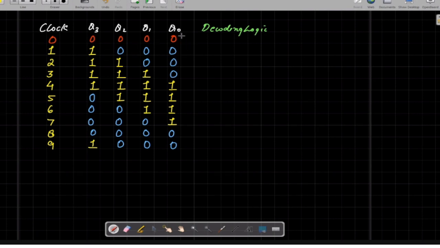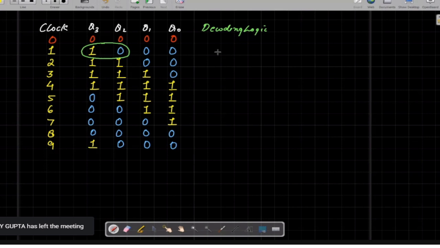For example, in the first clock, you have to take the pair of two flip-flop outputs together to make a decoding logic. To do that, I am going to take first these two output states, and if you want to write the minterm related to this pair of outputs, this decoding logic will be called Q3 and Q2 bar.